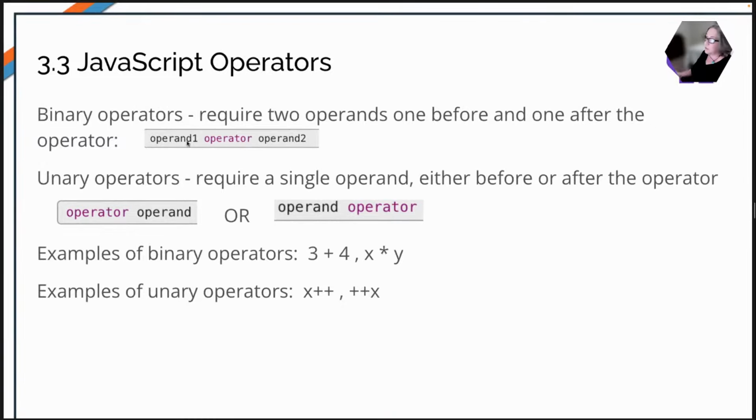Infix notation, that's what we use in math a lot of times, x plus y. So you have one on each side of your operator. The unary operators have a single operand, either before or after. So unary operators are when you see x++ or ++x, whereas these are our binary operators, where we have something on either side of the operator, okay?